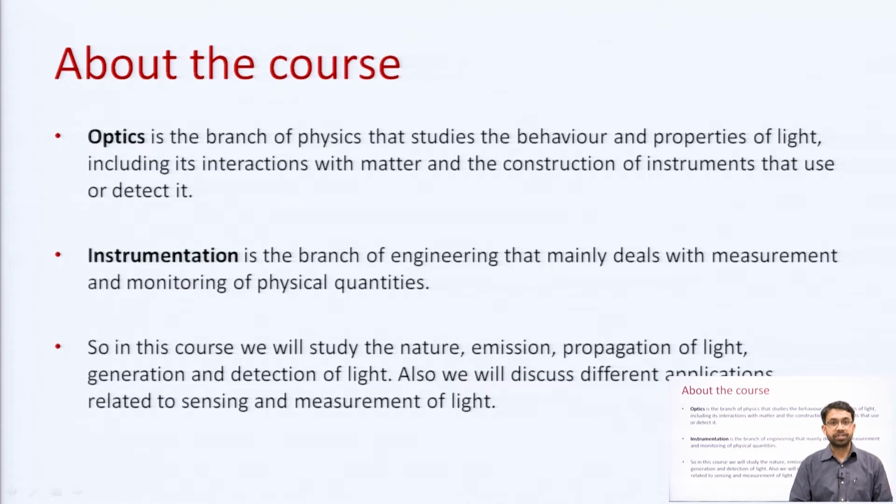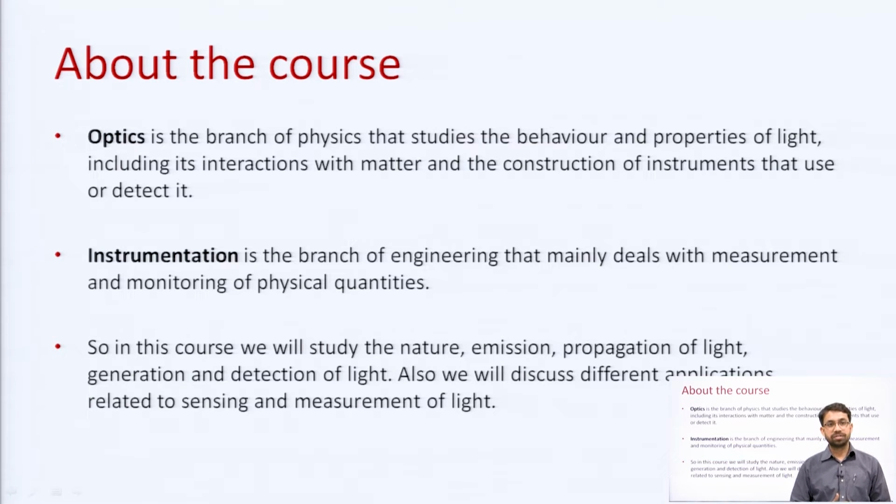Instrumentation is a branch of engineering that mainly deals with measurement and monitoring of physical quantities. So, in this course we will study the nature, emission, propagation of light, generation and detection of light.